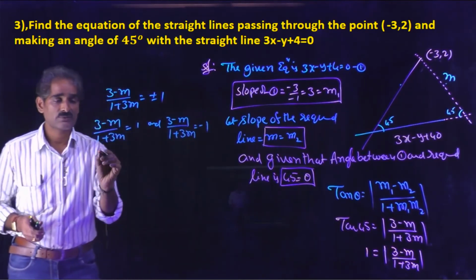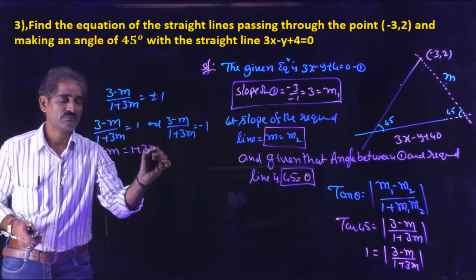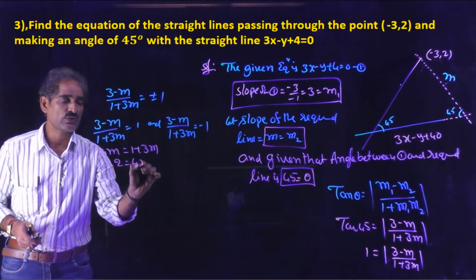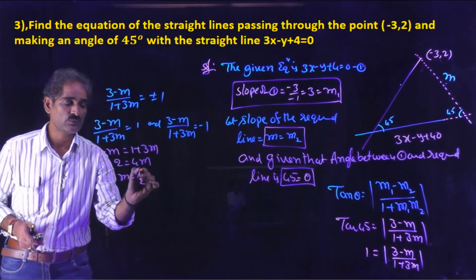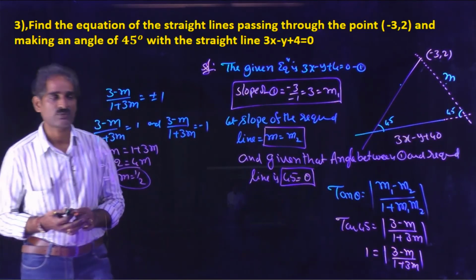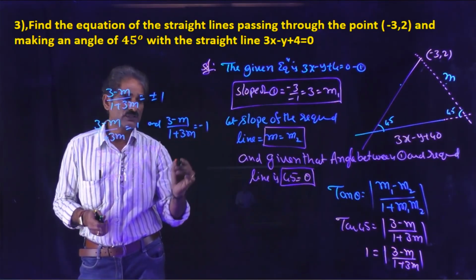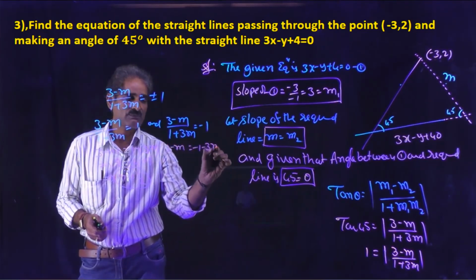From this, 3 minus m is equal to 1 plus 3m. This implies 2 is equal to 4m, so m is equal to 1 by 2. This is the slope of one line. And from the other, find the slope of the other line. 3 minus m is equal to minus 1 minus 3m.